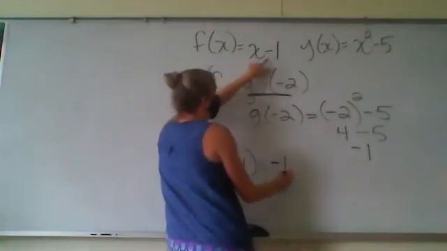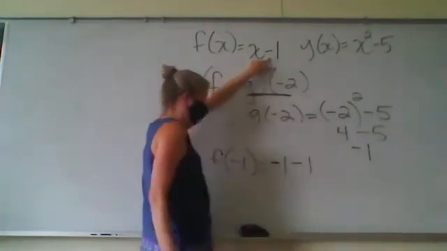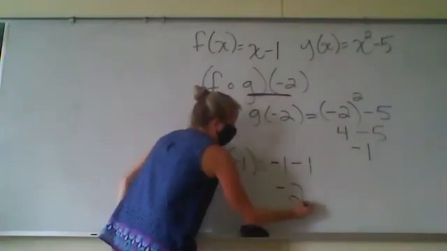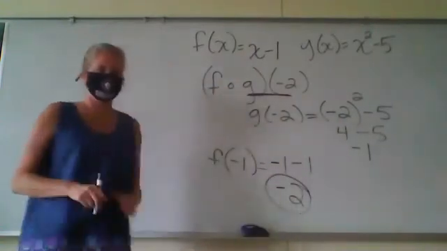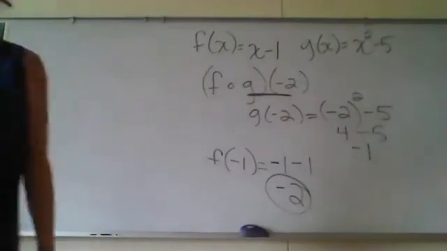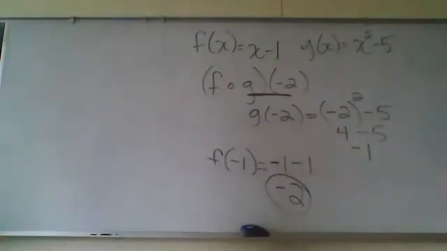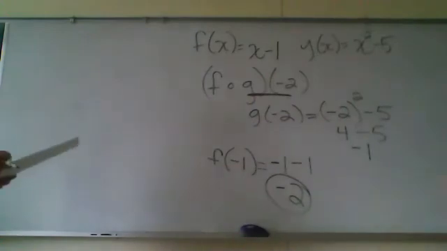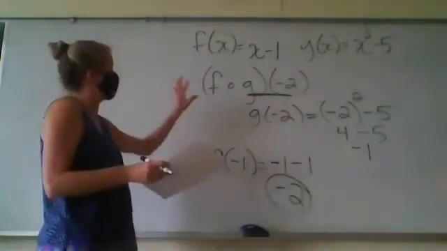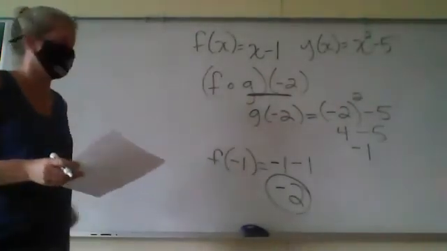So I'll have negative 1 minus 1, which gives me negative 2. And that's your final answer. So the 3 problems that we're going to work out in this section are all going to be composition problems, just like this.